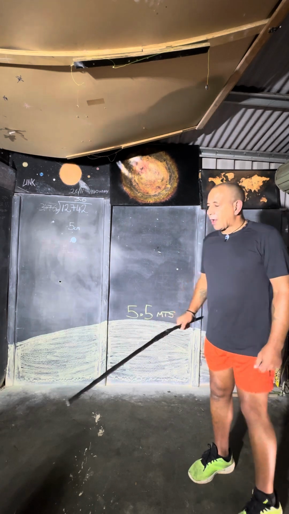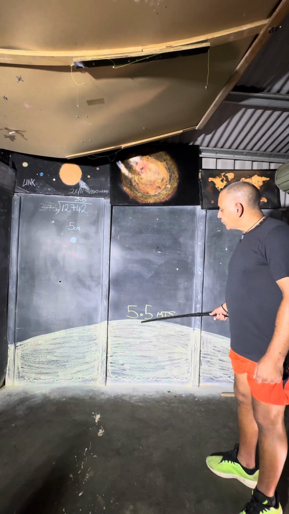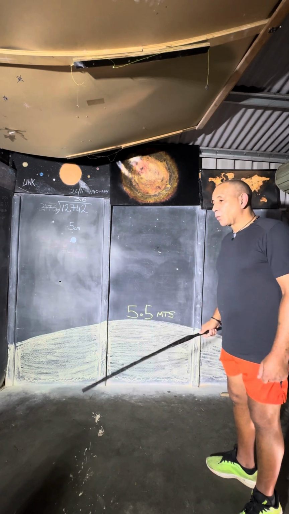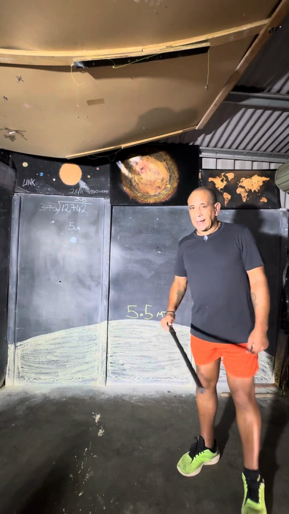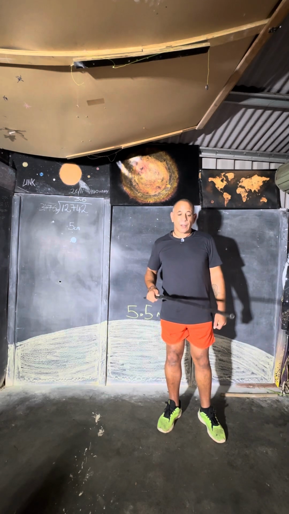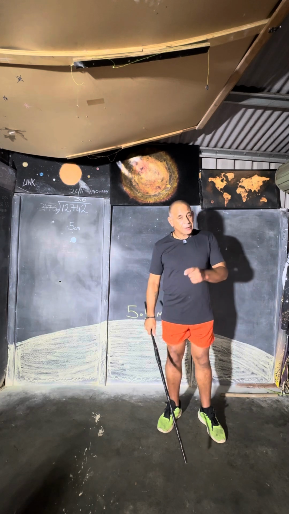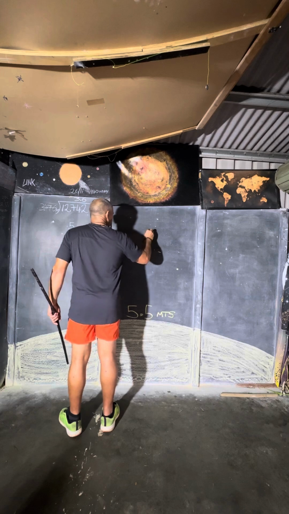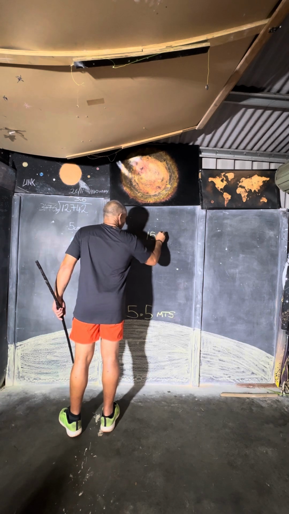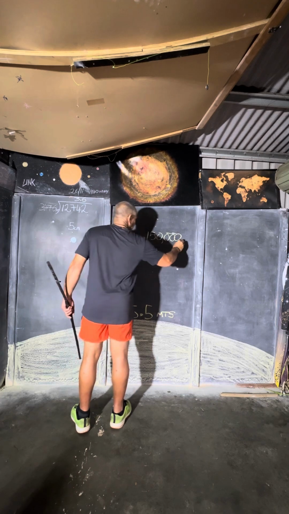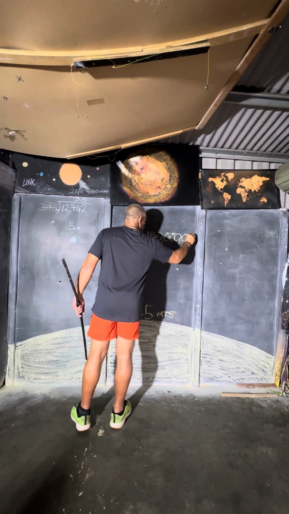If I had this sun to scale distance-wise from Earth and the moon, we know that there are 108 sun diameters in between Earth, moon, and the sun. How do we know this? Well, we've got 150 million kilometers in between the sun and Earth.